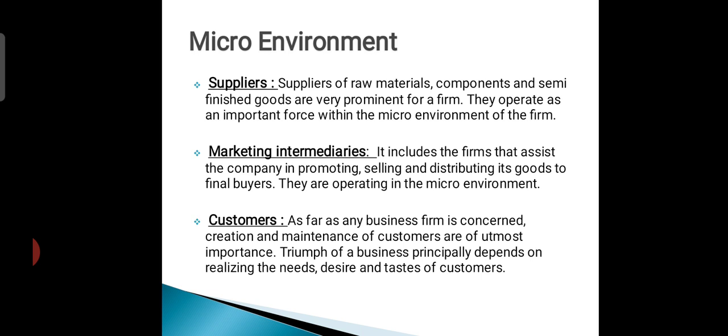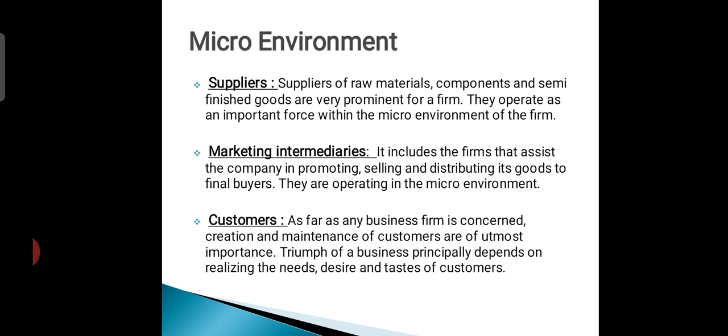That's all regarding suppliers. The availability of suppliers and of raw materials and other components will affect the functioning of our business.